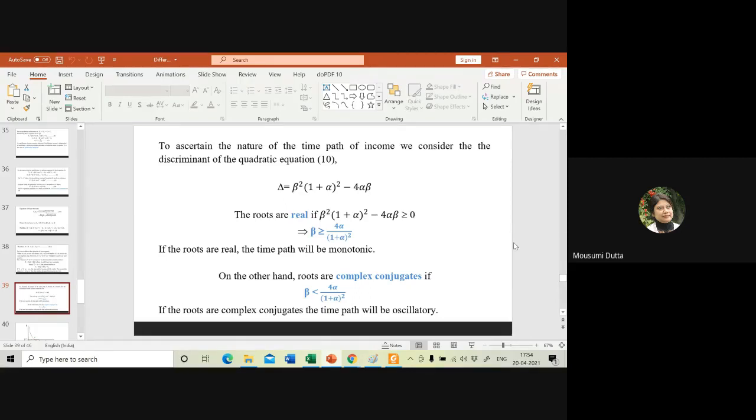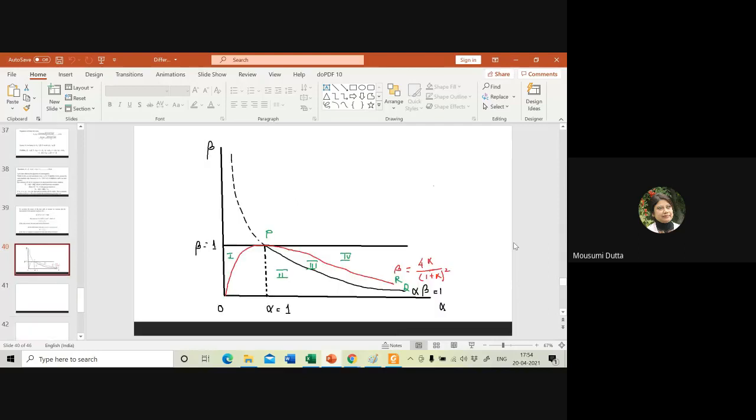Okay? I'll not do this part today. I'll do it in the next class, I think tomorrow. However, actually what we have to do, I have to consider the alpha beta plane. I need to draw the line alpha beta is equal to 1, which is a rectangular hyperbola. And we need to draw the curve beta is equal to 4 alpha by 1 plus alpha whole square, which is a parabola.